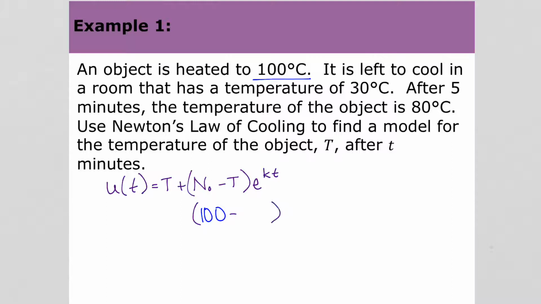It's cooling in a room that has a temperature of 30 degrees, so capital T is 30. We're looking for k, and it's cooled to 80 degrees Celsius in 5 minutes.